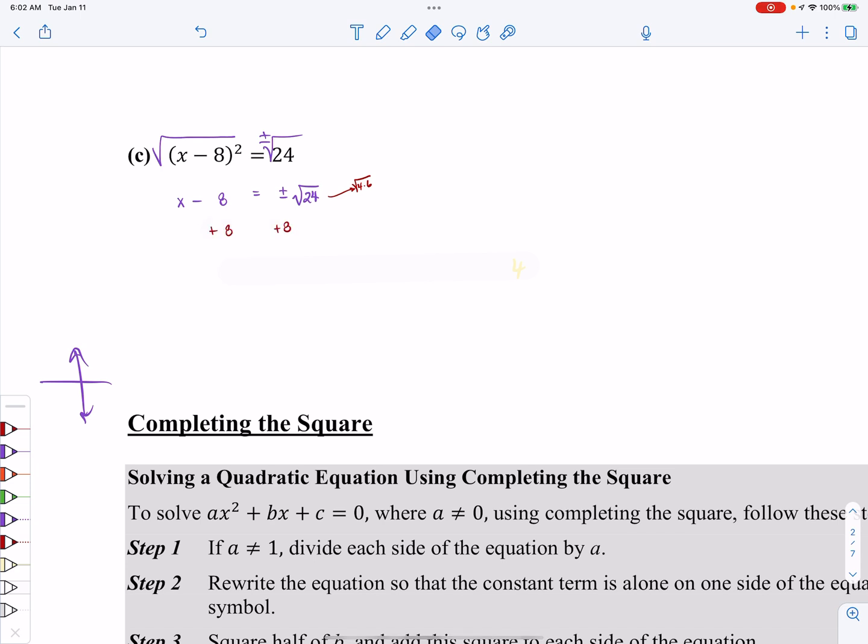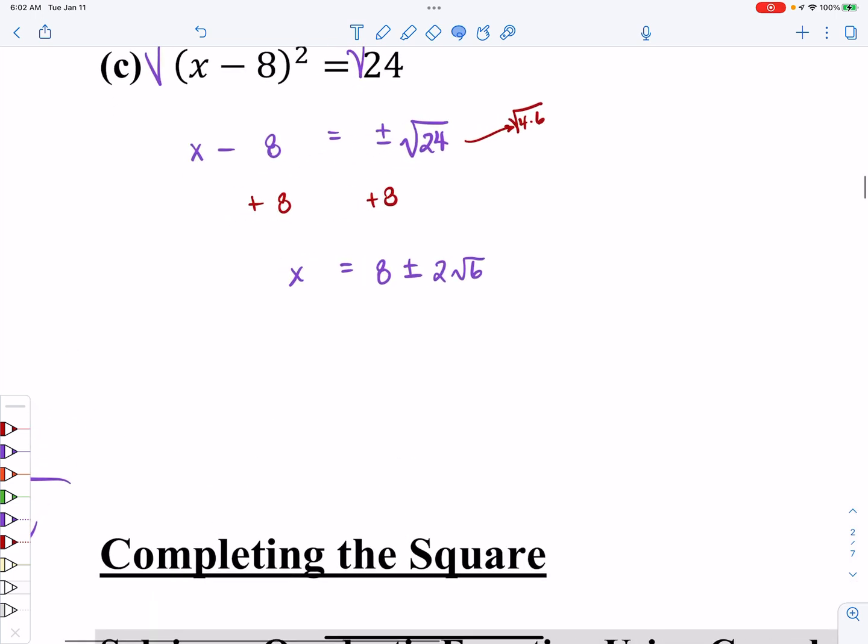And so then we'll continue, we'll add 8 to both sides, and we will at the same time clean up that square root. So we'll have then our x value is equal to 8 plus or minus 2 square root 6. And once again, that 2 came from the square root of 4 is the same thing as 2.